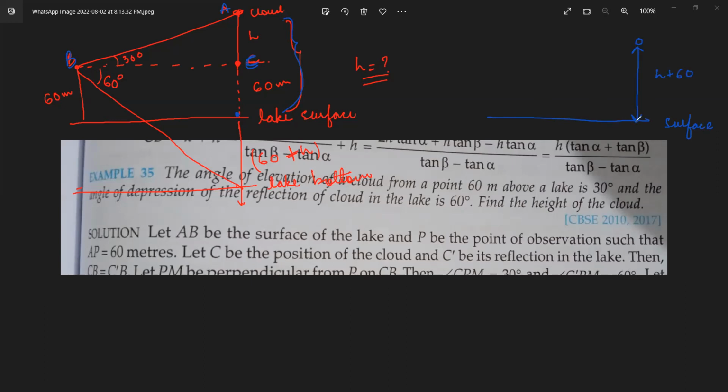So the image which will be formed, the reflection, will also have a height h plus 60. But the observer also has some height, so the depression will be from the horizontal level of the observer. So the depression will be like this, 60 degree. Then you can use tan in both the triangles, and then you can find your height h.